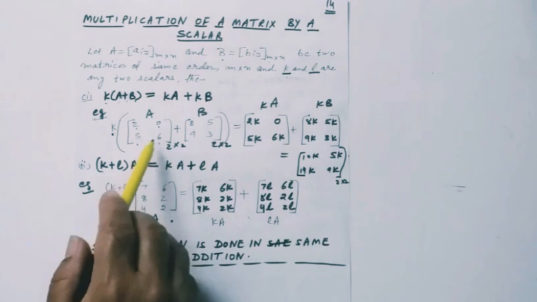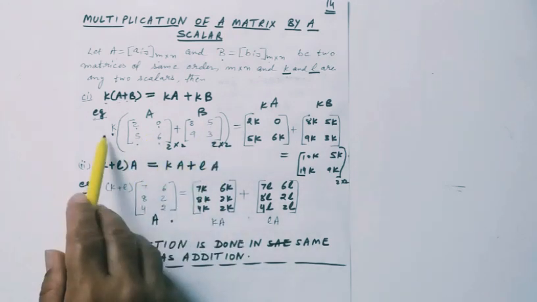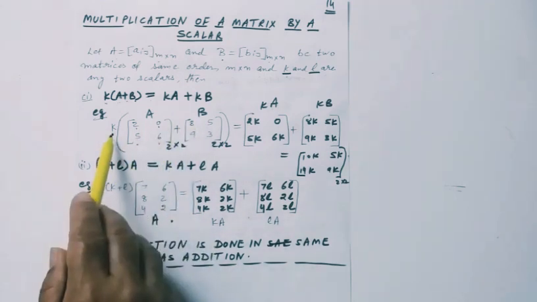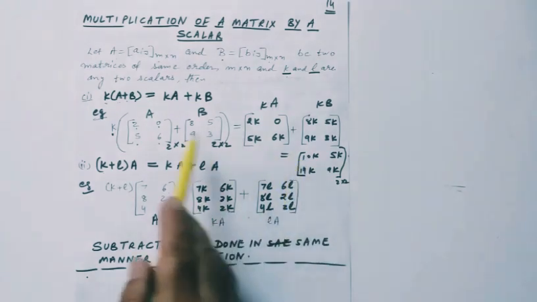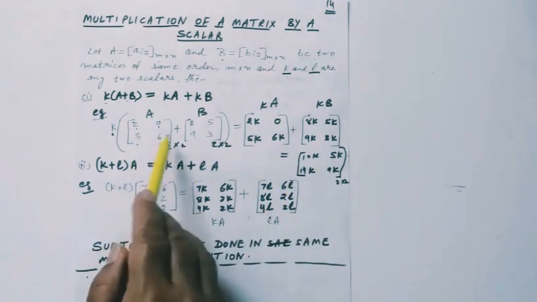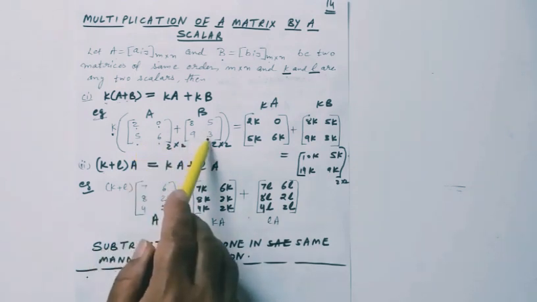Take the example. A is a 2 cross 2 matrix and B is also a 2 cross 2 matrix. K is any scalar. So if we add A and B and then multiply them by K, the result is going to be 8 plus 2 is 10K, 5 plus 0 is 5K, 5 plus 9 is 14K, and 6 plus 3 is 9K.